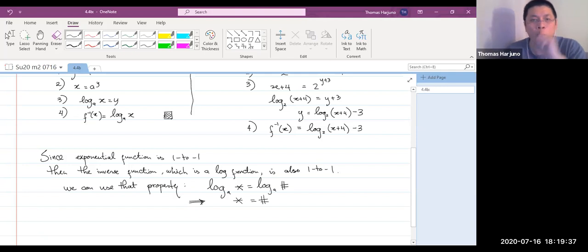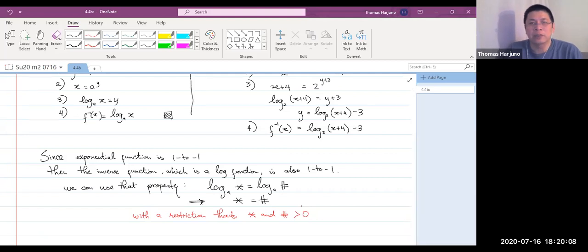But with one restriction though: with a restriction that both blah and blah are strictly positive. They have to be strictly positive.